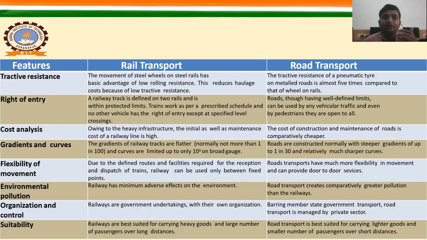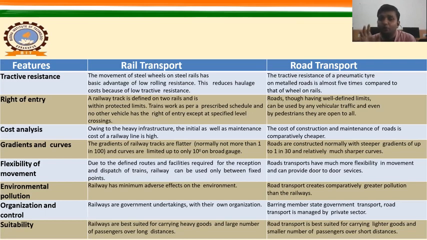In rail transport, the movement of steel wheels on the steel rail has the basic advantage of low rolling resistance. The wheels of the railways are made of steel, and the movement of steel wheels on the steel rails has the advantage of low rolling resistance.